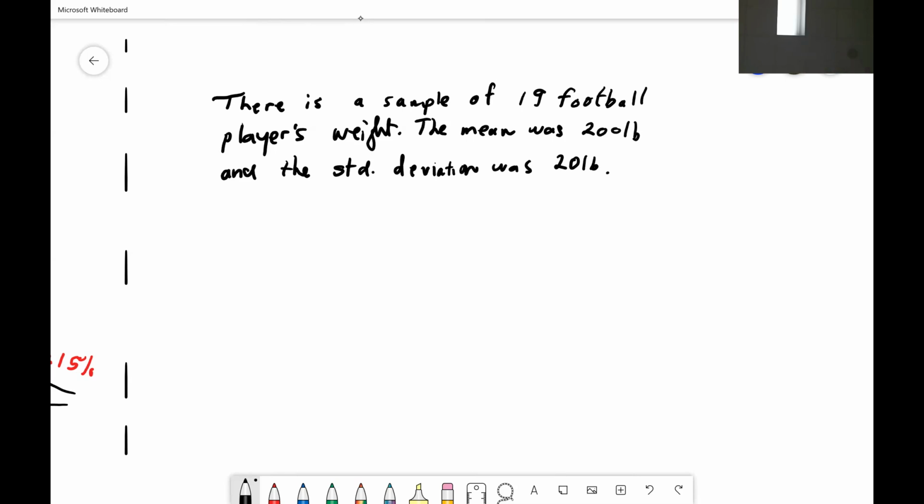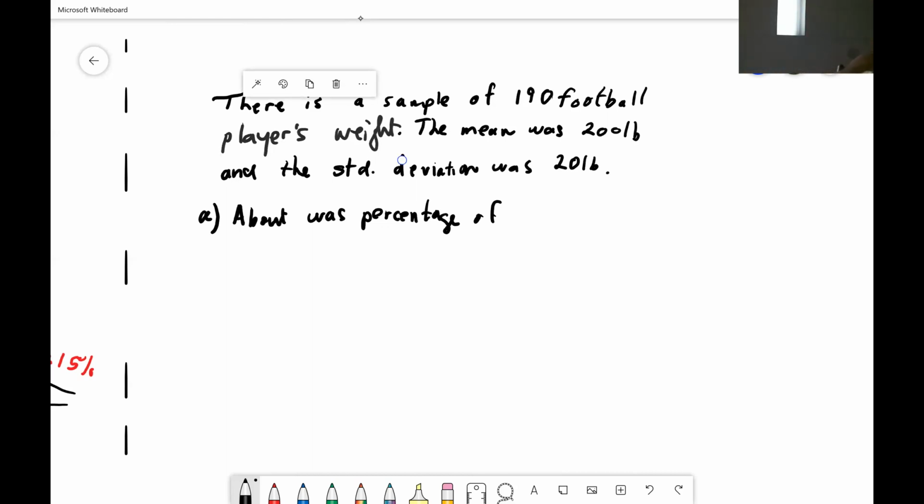And so I might ask, about what percentage, let's put 190 football players just to make it more interesting. So instead of 19, let's put 190 football players' weights.